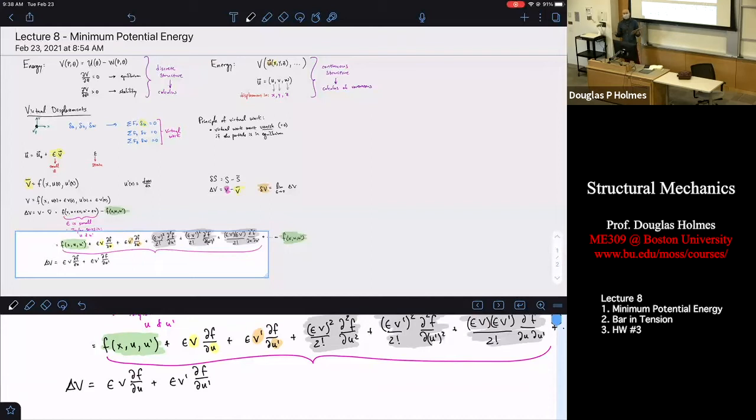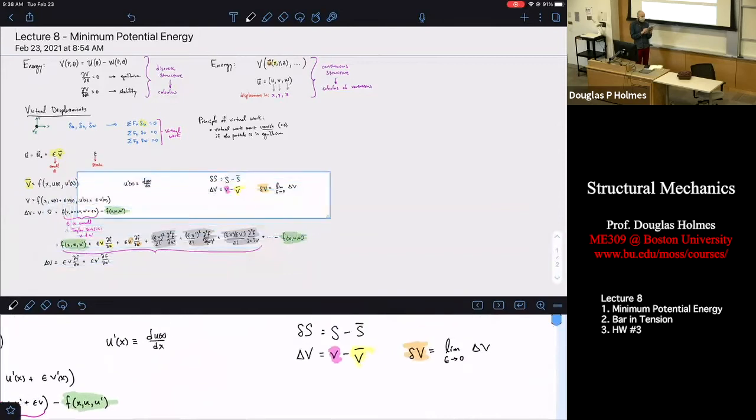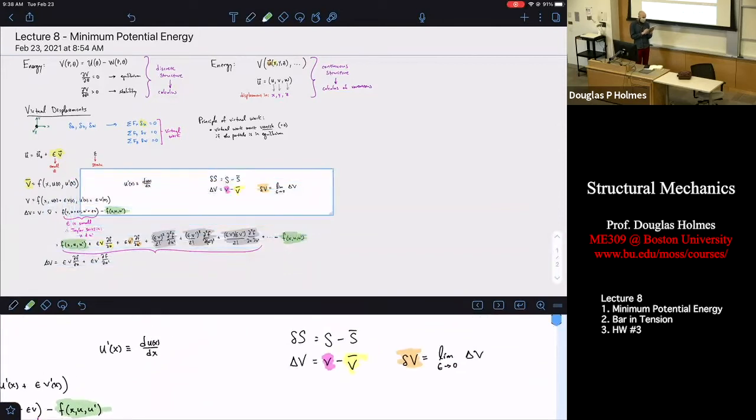Now, just to remind you of where we are, I said we want to get here. We want the first variation. But in order to do that, we have to take the limit as our small parameter, which is arbitrarily some small number. We kind of know instinctually that our problem shouldn't depend on our choice of epsilon.